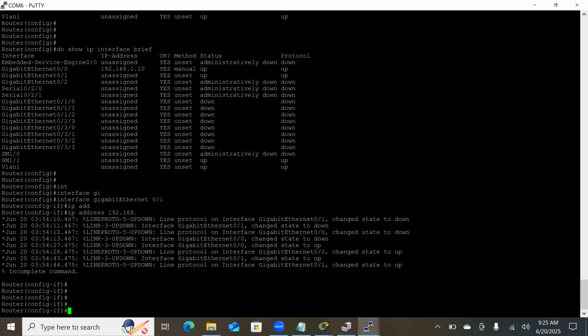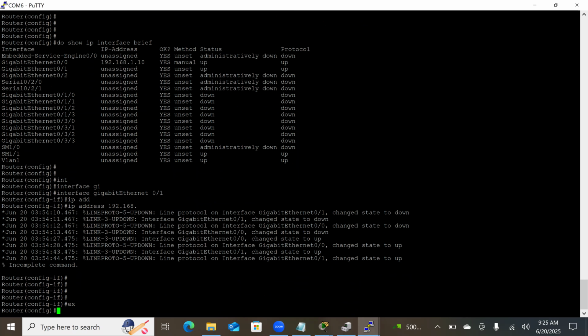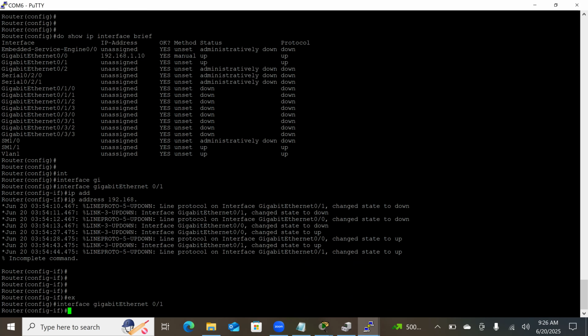Then 1.2, and the gateway is 1.10. What is the IP address? I didn't give it. Assign 2.1, and 2.10 will be the gateway, and you just give 2.10 to this one interface.